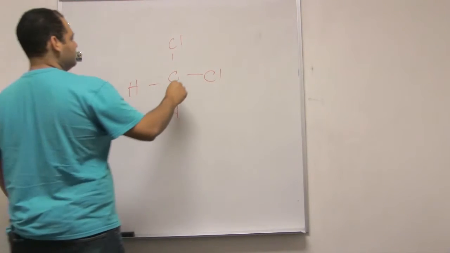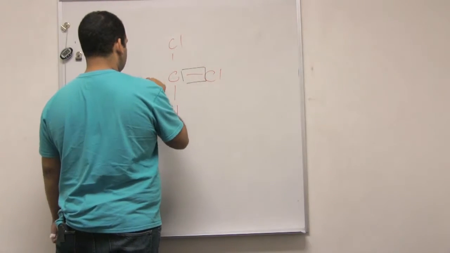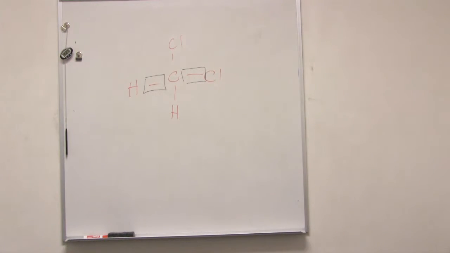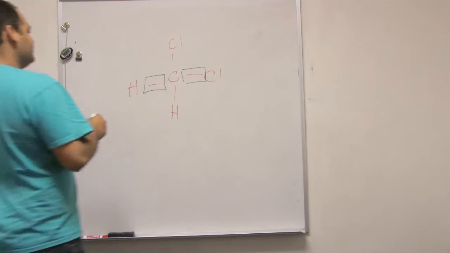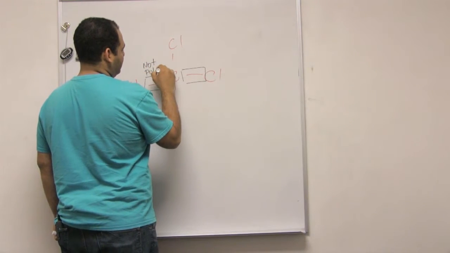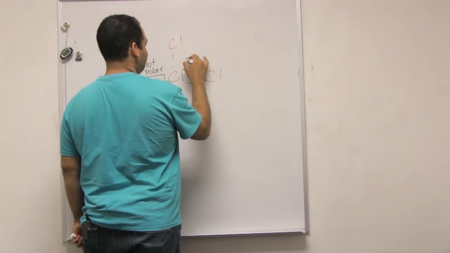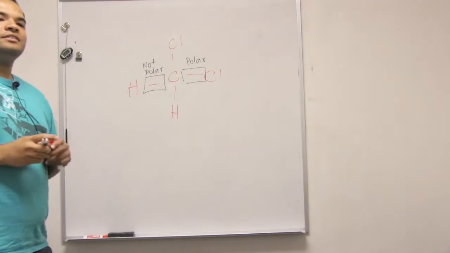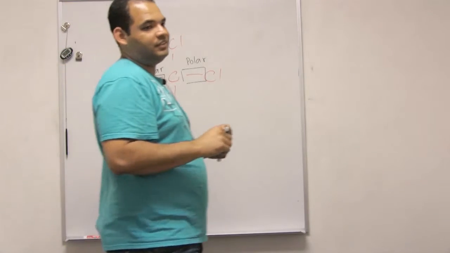Let me see, because I'm not that smart to know that off the top of my head. Yes, between carbon and chlorine. So therefore, this molecule is a polar molecule.